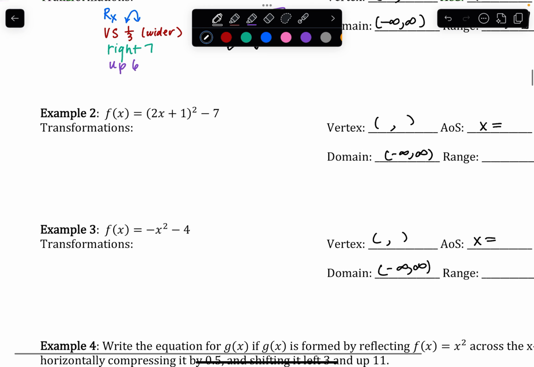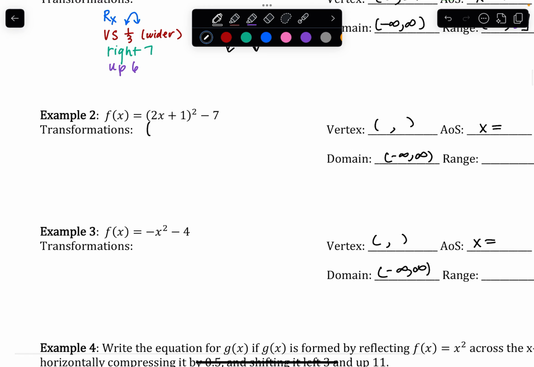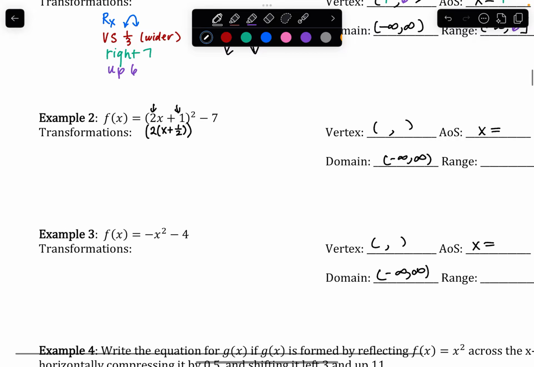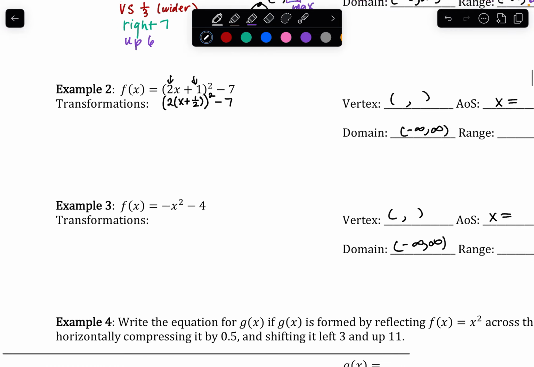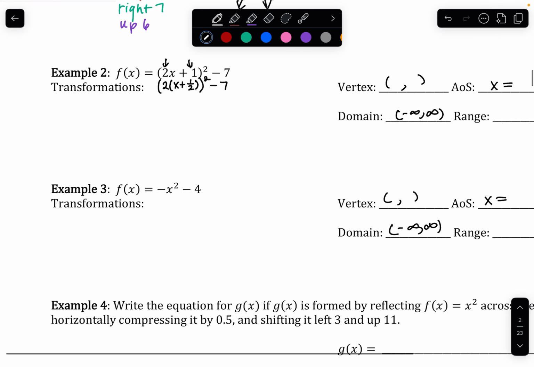Okay, this next one isn't in the correct form, and so on your test, it'll be written in the correct form. I'm gonna go ahead and write it in the correct form for you. If you have a scale factor and a plus number inside, you need to make sure you have double parentheses. So since they didn't do that, I'm gonna fix it for them. And this is how it would be written on your test.